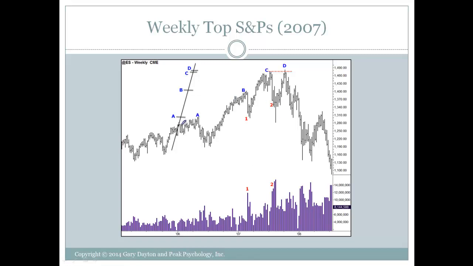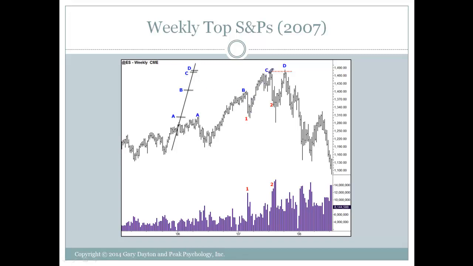First of all, here's a way to measure shortening of the thrust. It's a simple graphic. All we do is draw a straight line up, and at the swing highs, which I have labeled here, we draw a little crosshatch. So we have a swing high at A, and then it comes down. We don't care about it coming down. Now it comes up to B, so we can put that same level in here at B. It comes down.